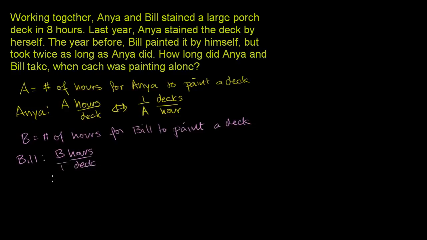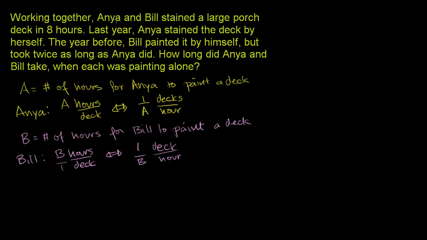This is the same thing as saying that he can do 1 deck per every B hours. Or another way to think of it is he can do 1 over B deck per hour.